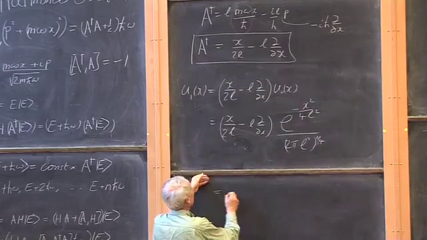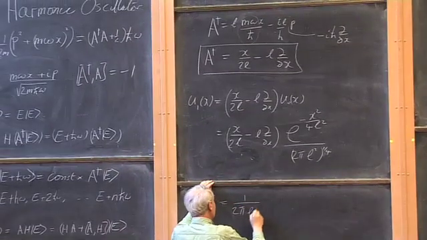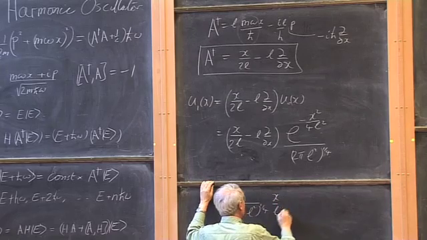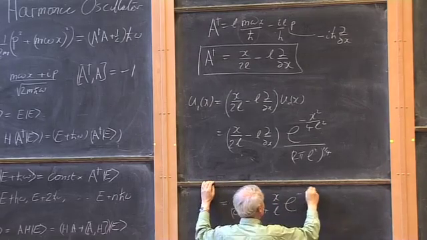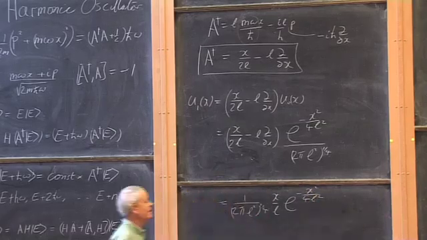So the whole thing at the end of the day is 1 over (2 pi L squared) to the 1/4 power, times x over L, times e to the minus x squared over 4L squared. That's the first excited state wave function.